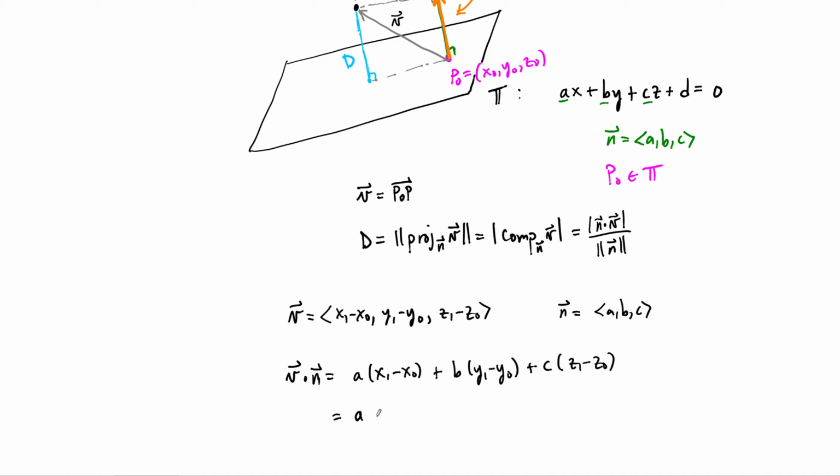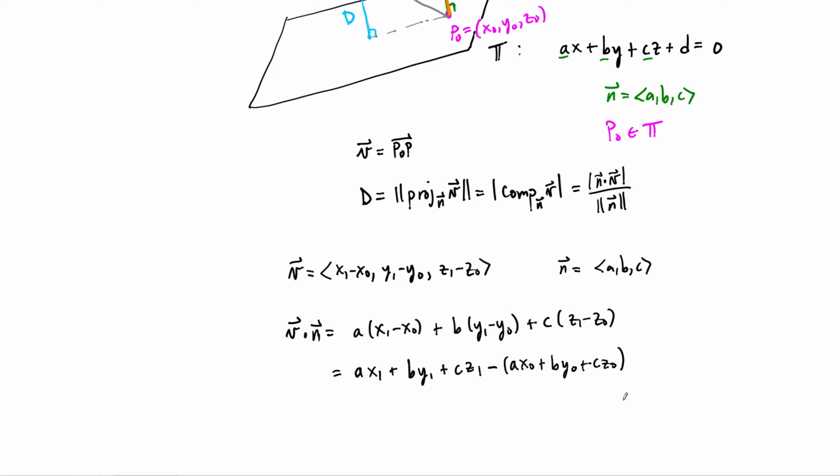We can distribute this, ax1. I'm going to do this all so that we separate out the ones and the zeros, okay? So ax1 plus by1 plus cz1 minus ax naught plus by naught plus cz naught, all in parentheses. And at this point, we remember, I hope, that this number is exactly d.